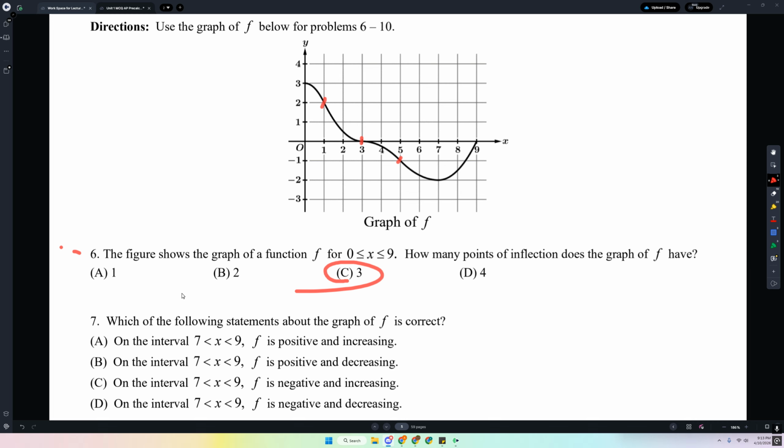Okay. So on the interval 7 to 9, is f of x positive and increasing, positive and decreasing, negative and decreasing, and negative and decreasing? I have one answer, two answers.